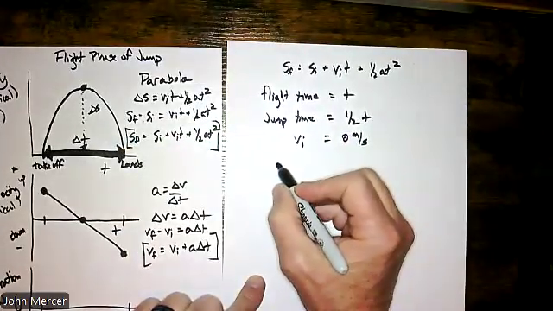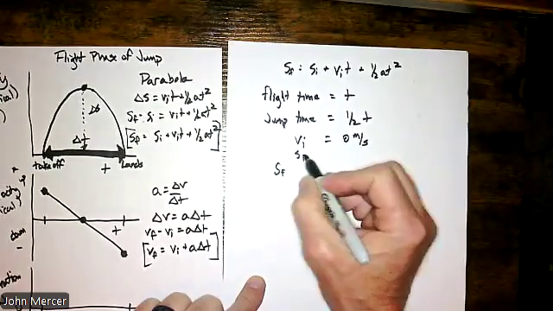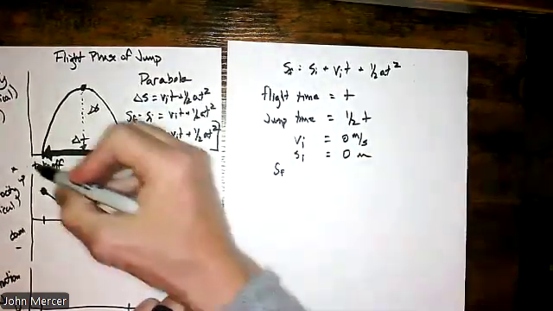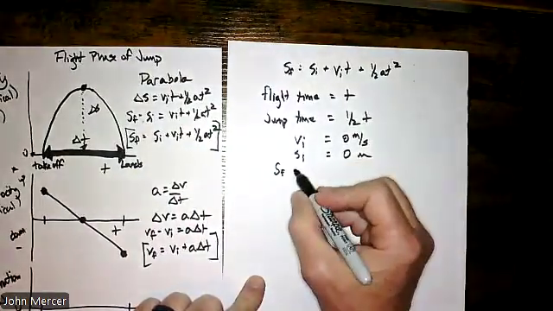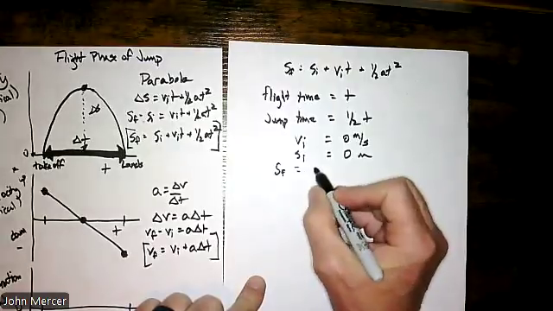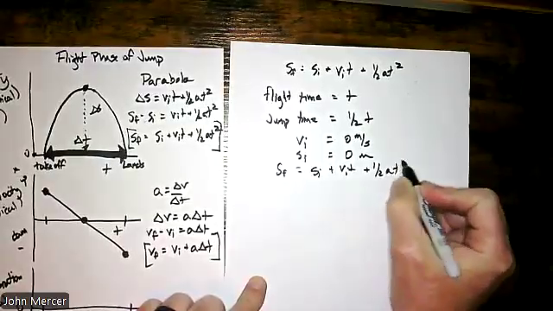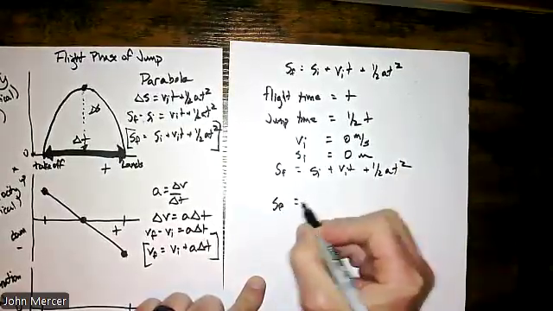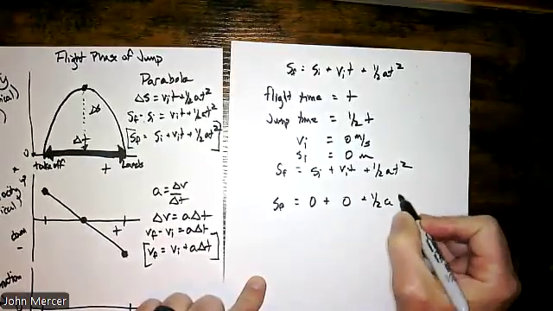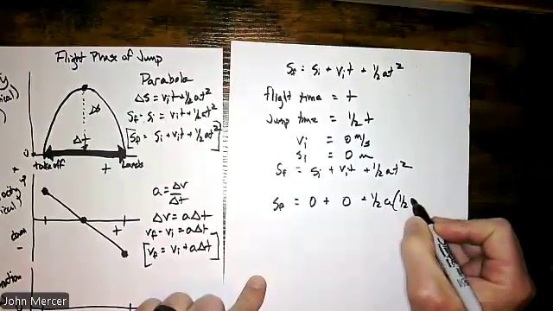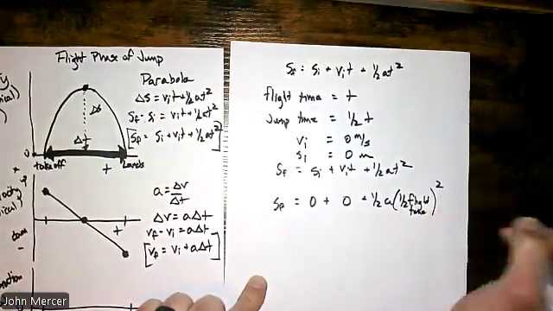And then I simplify this equation to SF. And if I also set SI to just be 0, just because I'm going to start at the origin of the XY, then I have simplified this equation to SF equals SI plus VIT plus 1/2 AT squared, but SF is now equal to 0 plus 0 plus 1/2 A, and this is 1/2 flight time squared.